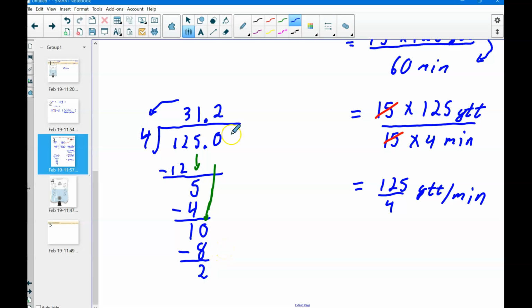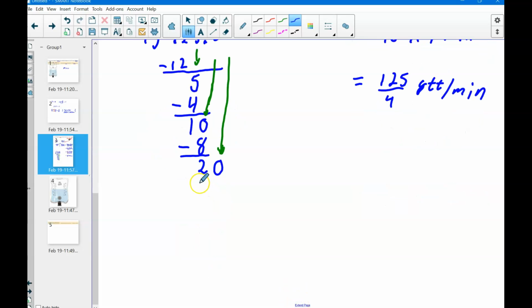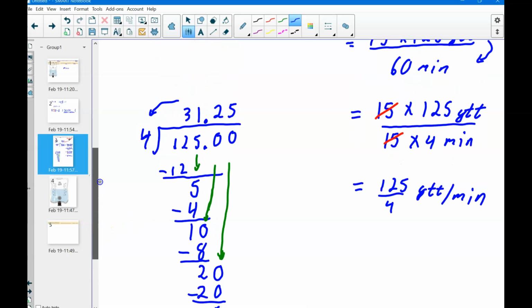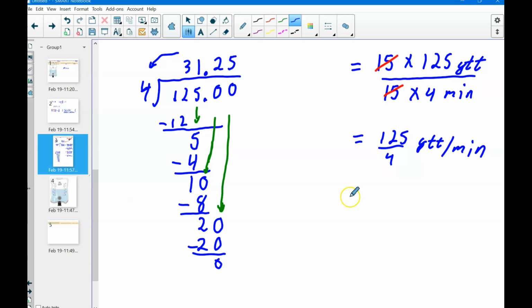If we want to keep going, we can put another 0 in here, and the 0 will again drop straight down to the bottom here. And we know 4 goes into 20 five times. So we have 20. Subtracting, we get 0. So the answer is 31.25, or 31.25 drops per minute.